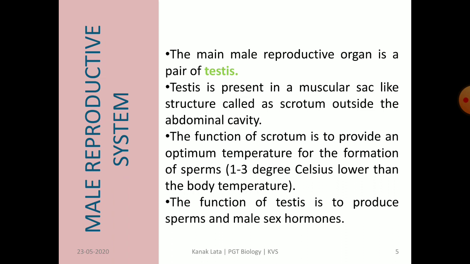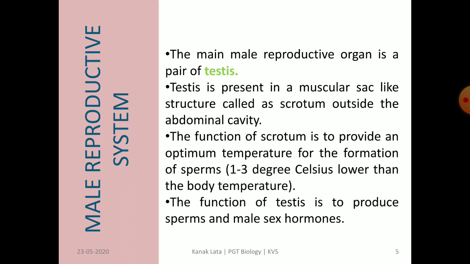Now let us see about male reproductive system. The male reproductive organ is a pair of testes. Testes are located outside the abdominal cavity in a muscular bag or sac-like structure called scrotum.